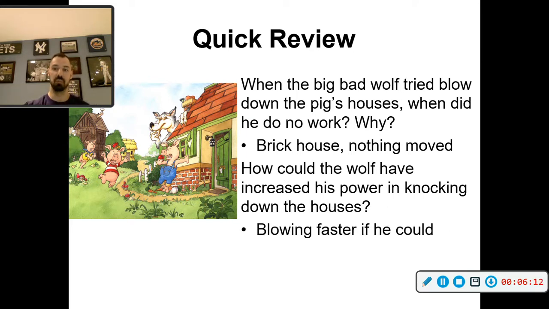Well, blowing faster if he could. Hurricane force winds probably can't even take down a brick house, though. Sometimes actually it can, depending on how strong it is. Or obviously using an object with more force behind it, because compared to wind, a wrecking ball is going to do more damage.